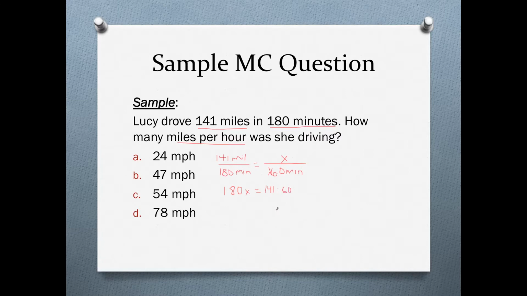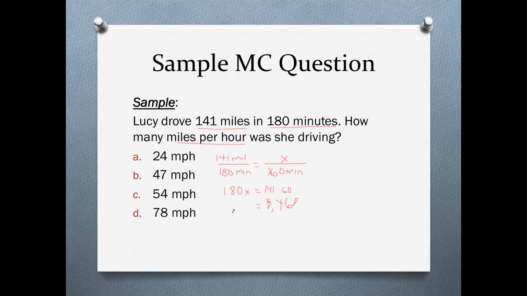And to save myself some time, I'm just going to use a calculator to multiply 141 times 60. So if I multiplied those together, I would get 8,460. I think the pen is a little bit delayed with the recording. So anyway, it's 8,460.